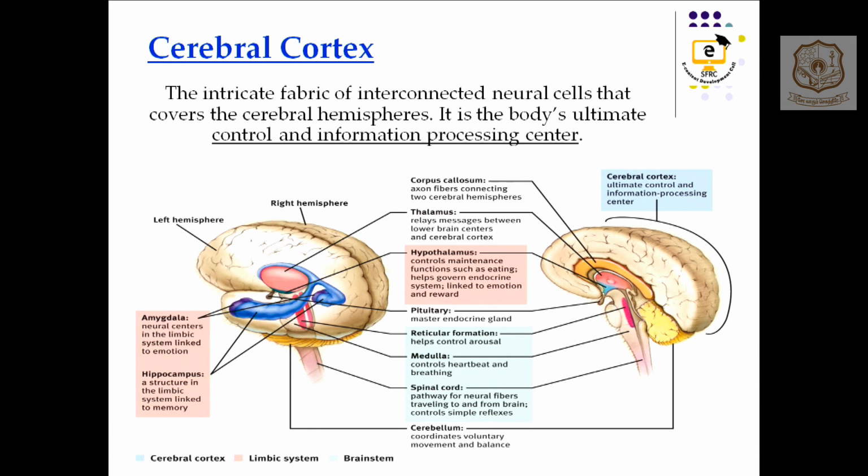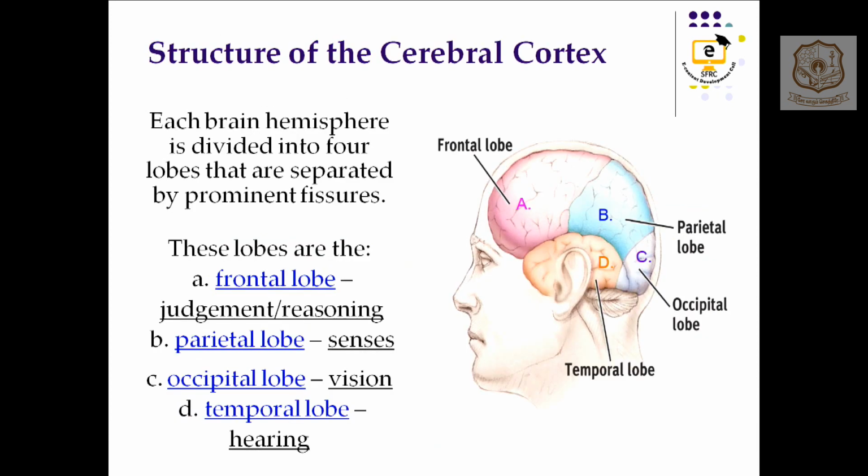The parts include the corpus callosum, thalamus, hypothalamus, pituitary. Coming to the structure, each brain hemisphere is divided into four lobes, based on their prominent fissures.